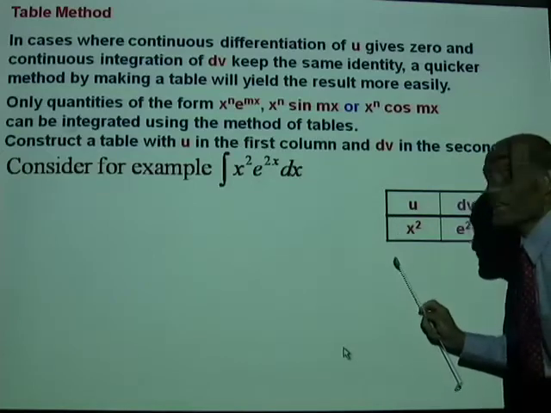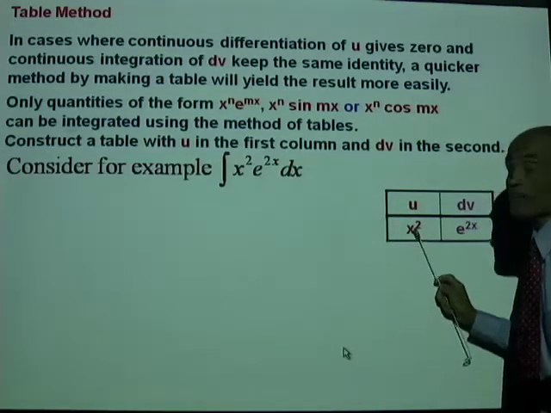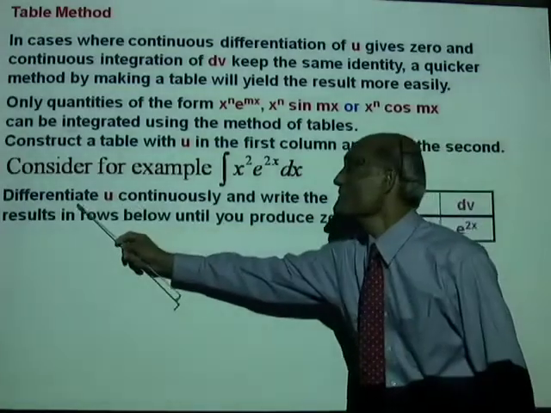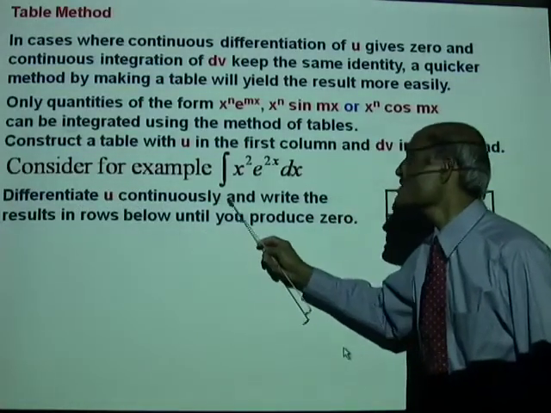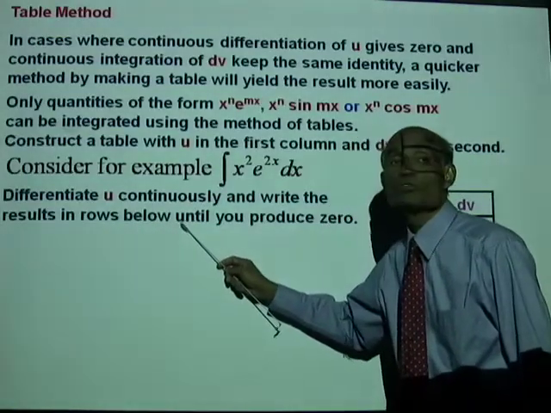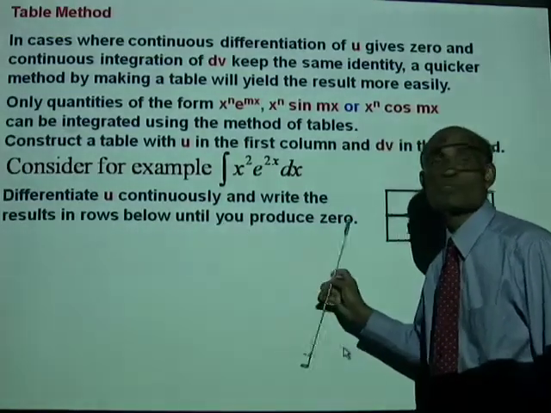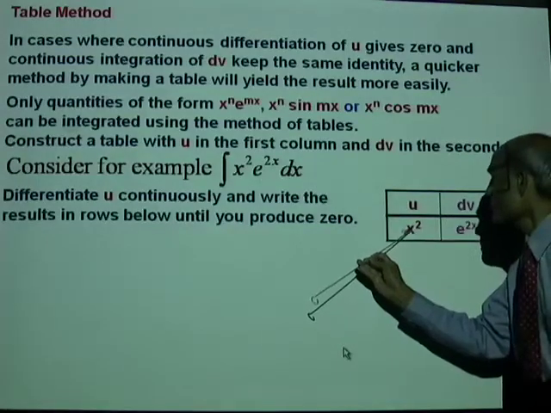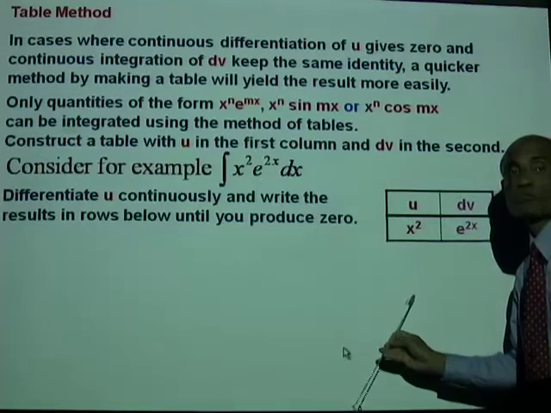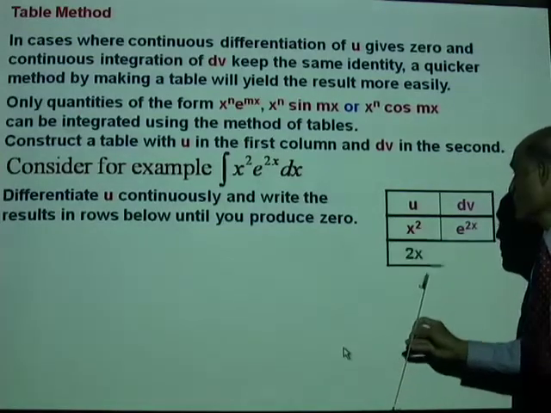And what is our next row? In our next row we differentiate u continuously and write the results in rows below until you produce 0.